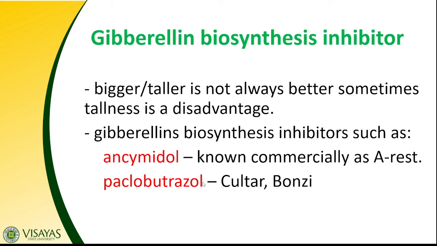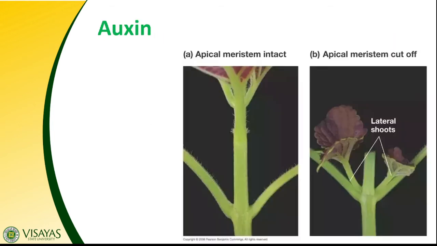This is the one we used with the Celosia a while ago, the picture I have shown you, and the brand names commercially available are Cultar and Bonzi. So I have been using this Cultar in my thesis before and also in the thesis of my advisees.